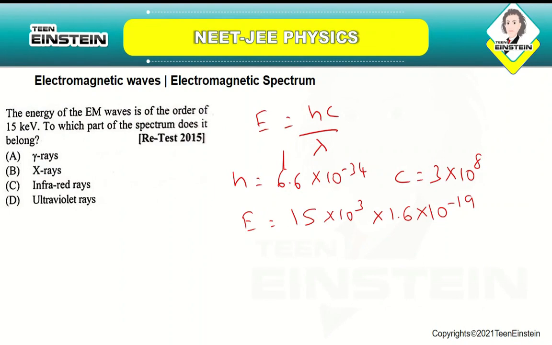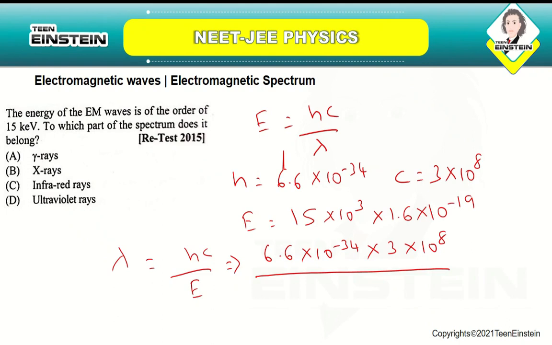Okay. So, you are just going to find out what is the wavelength. Lambda is equal to hc by E. So, it is equal to 6.6 into 10 power minus 34 into 3 into 10 power 8 divided by 15 into 10 power 3 into 1.6 into 10 power minus 19. Okay.